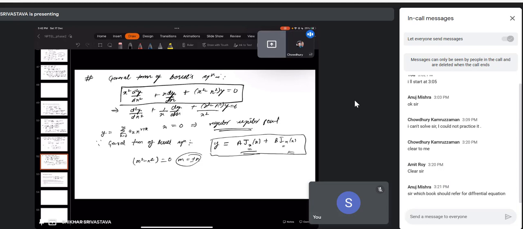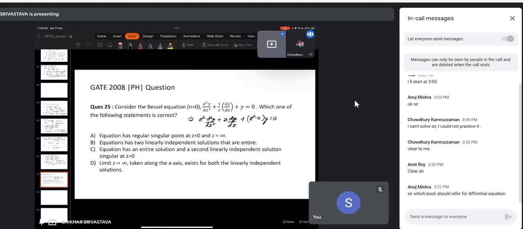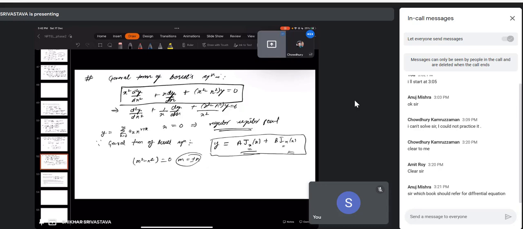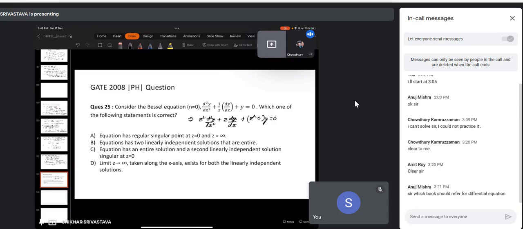But here your n square is 0. This term is 0. So this is a special kind of Bessel equation. They have asked which one of the following statements is correct. You already know that it will have two independent solutions. So first of all, in order to solve this question, find the singular points. This is P1(z), so P1(z) is 1 by z.